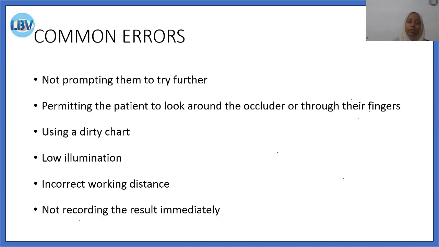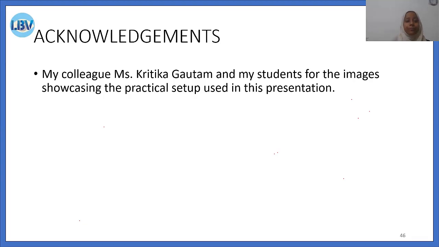Make sure that the illumination is proper. The working distance should not be incorrect. If you are not recording the results immediately, you may later forget them and keep guessing and just write something. That is not useful. If you have put the effort into recording the visual acuity and have given time for it, you need to record it immediately, because that matters a lot.